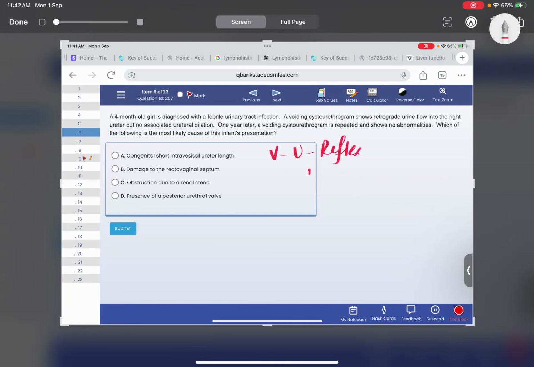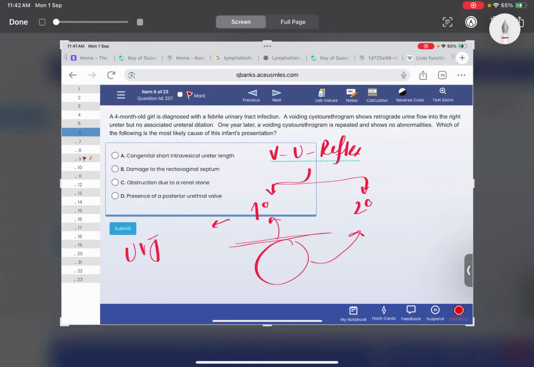We have primary and secondary reflux. If the problem is above the bladder, we call this primary, below it, secondary. So what's an example of this? What's the junction called? Uretero-vesical junction.